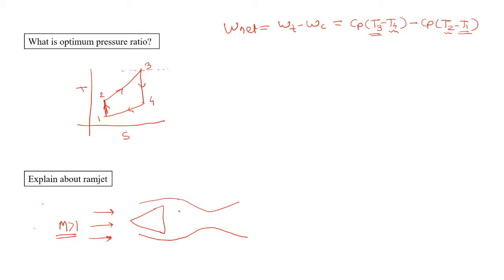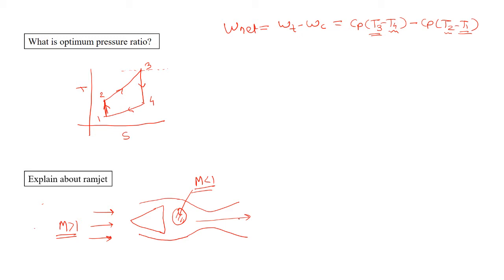Air enters into the combustion chamber in this region, and in this combustion chamber, it would have got decelerated to velocities which are leading to subsonic speeds. So here Mach number is less than 1, and then fuel will be injected, and injected fuel will combust with the high temperature, high pressure air, and then this combustion product would go through a CD nozzle, which is convergent and divergent nozzle, and then we can get the thrust.